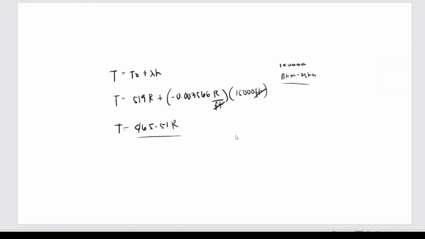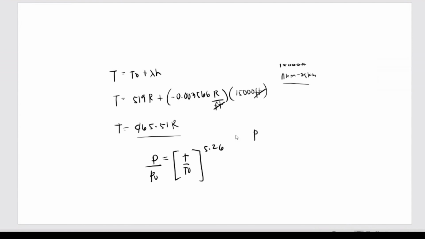So pressure: P over P sub O is equal to T over T sub O raised to 5.26. Pwede mong gamitin yan 0 to 11, yung 5.26.